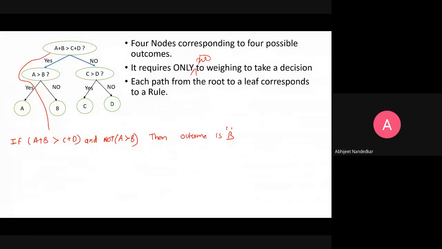So we can try with some other paths like this.